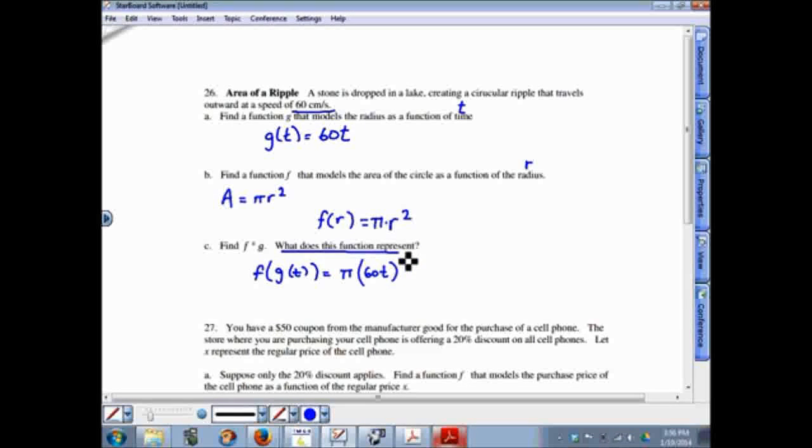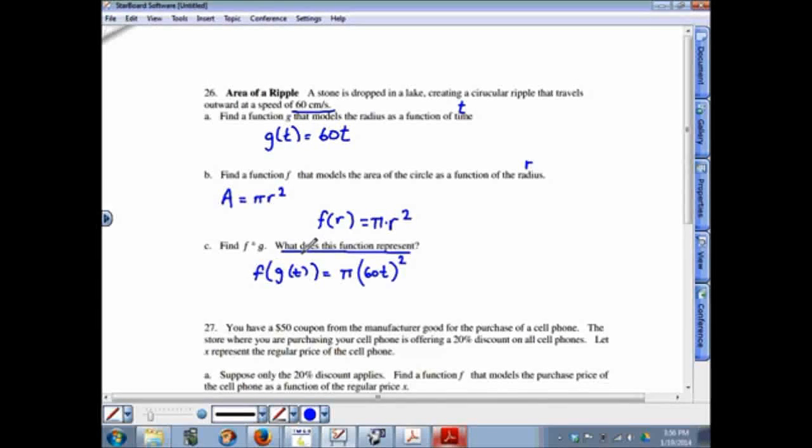Now the important question here is, what does this function represent? First of all, if g is going inside of f, it's describing the area, but originally f was defined in terms of r, and what we have now is f being described in terms of t.